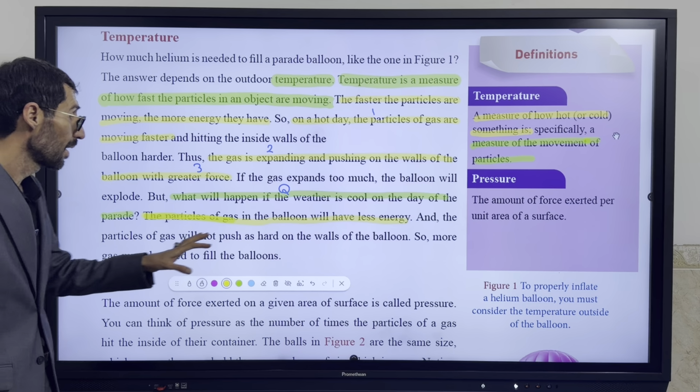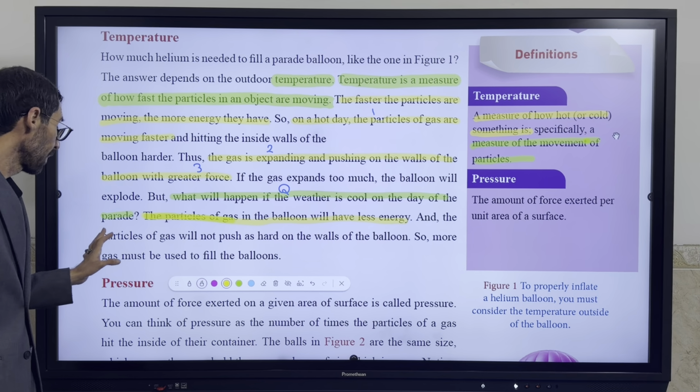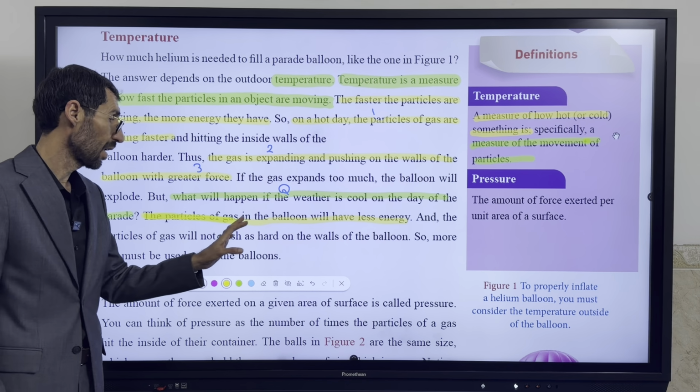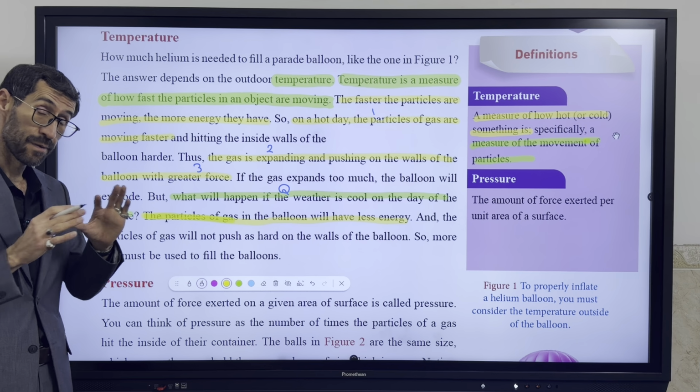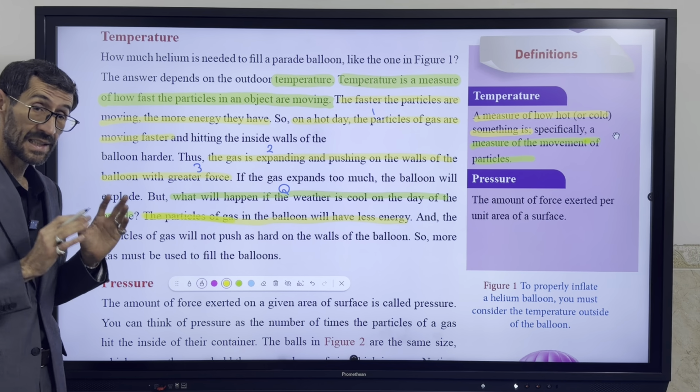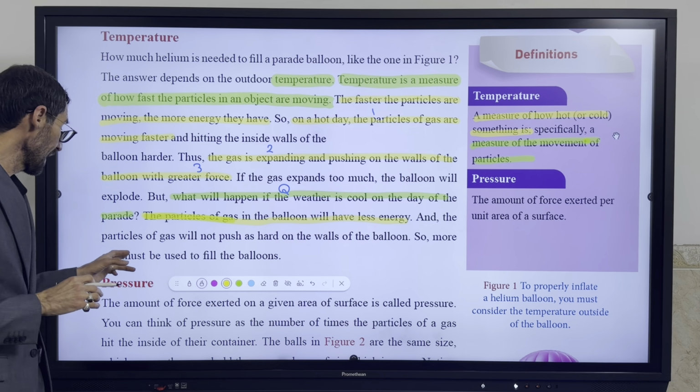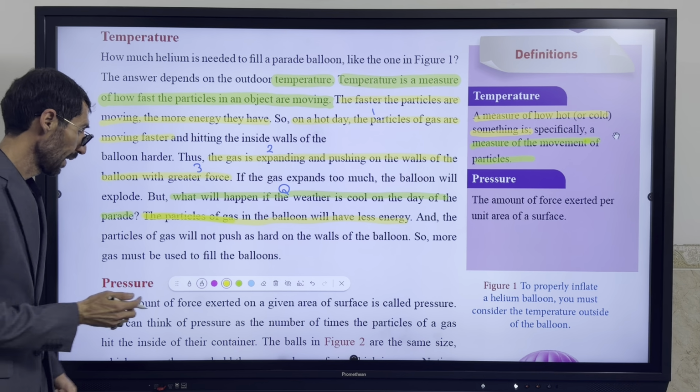They have less energy. This is the first one. And the particles of gas will not push as hard on the wall and the force decreases. The force of the particles decreases. So more gas must be used to fill the balloon.